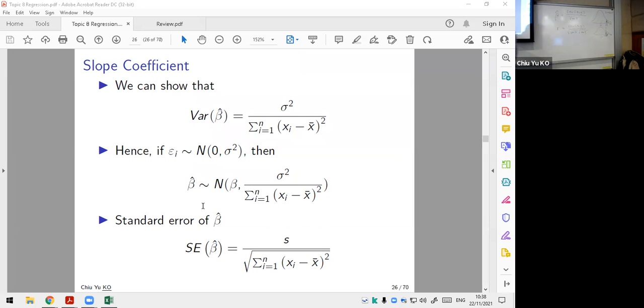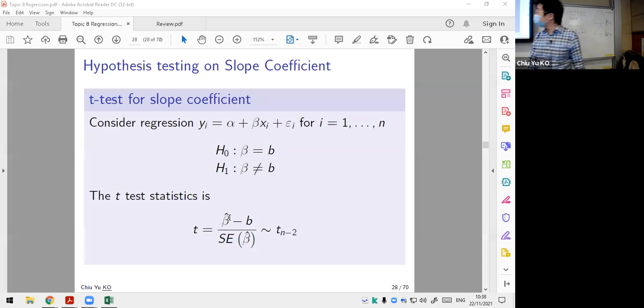And if you replace sigma by s squared, you take a square root, you go from here to here, okay? Replace sigma because we don't know it, right? And then put it there. This is the square root of that, okay? Because that's how you do the t-test, right? At n-2.